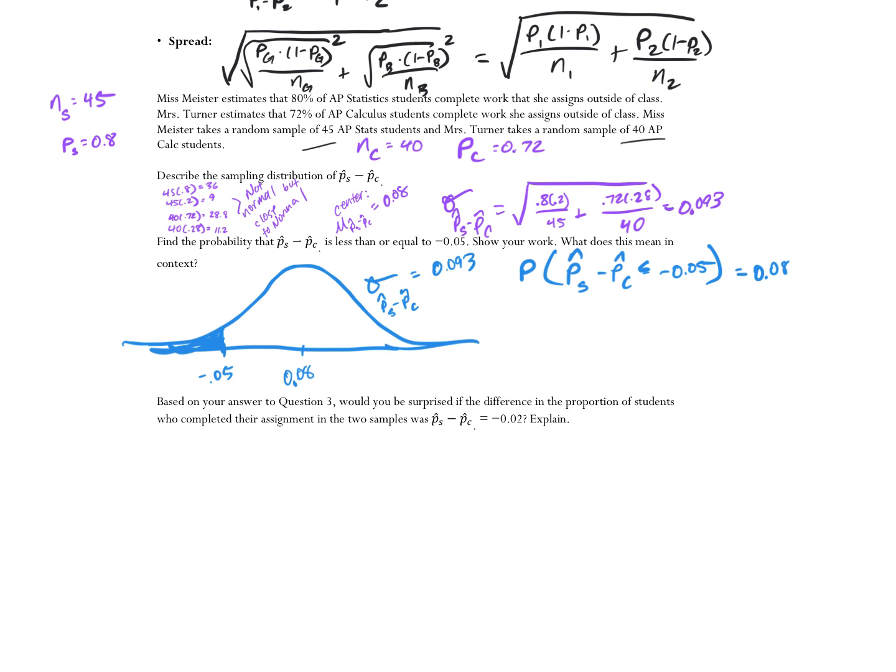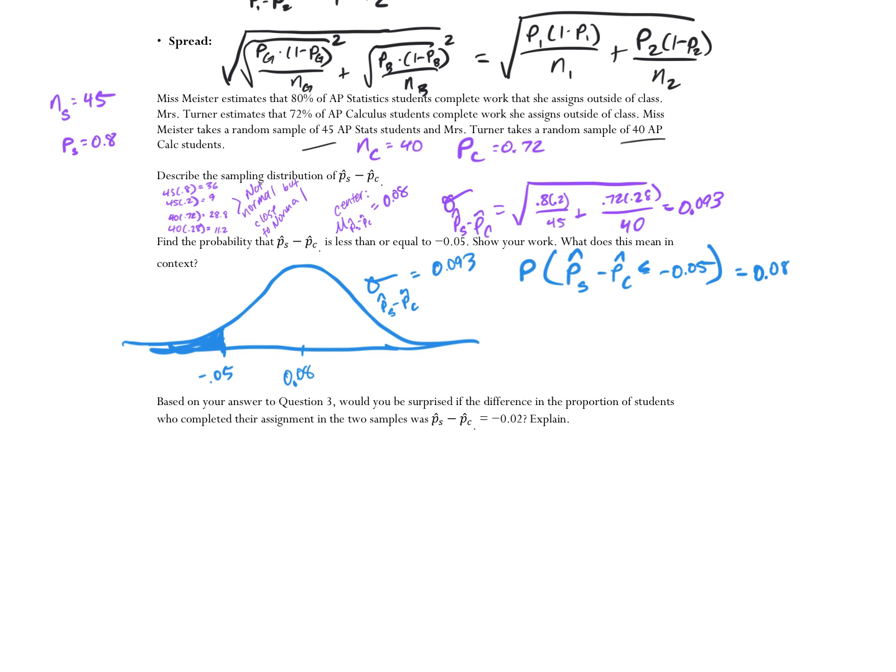So is that surprising? Would you call that super unlikely? 8%? Somewhere between 1 in 10 and 1 in 20. I would call 8% kind of in the gray area of what is surprising.